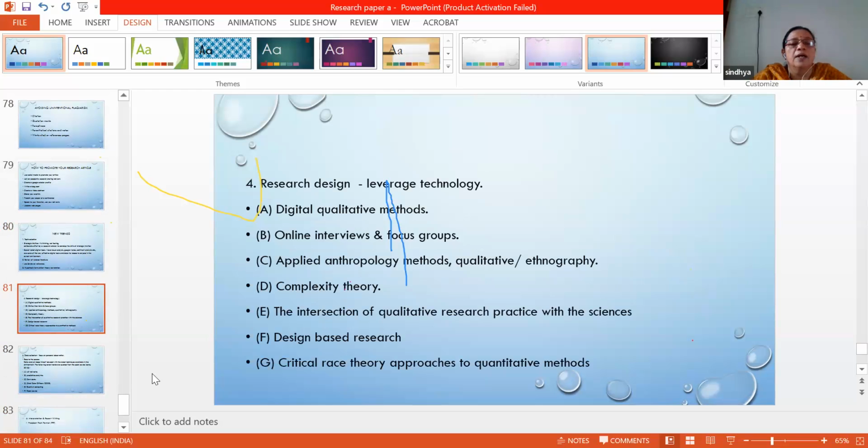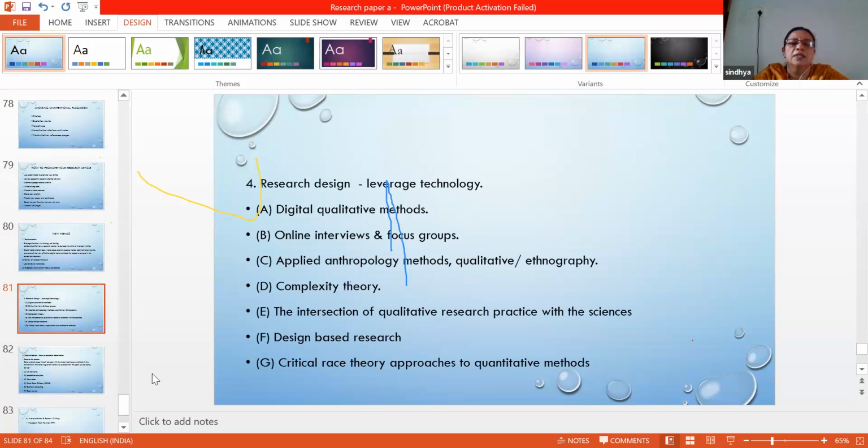And when you prepare a research design, you should explore technology. Technological tools are there, technological methods are available, design-based tools are available.